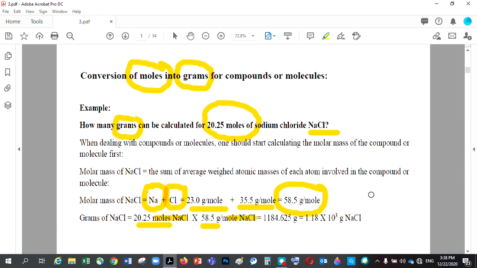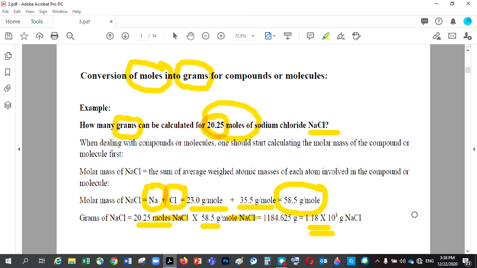Always watch for two things: the unit cancellation and the significant figures. We started here with 2.5, which is 2 sig figs, and when we add the atomic masses, the molar mass came out to be 58.53. So our answer will have 3 significant figures.